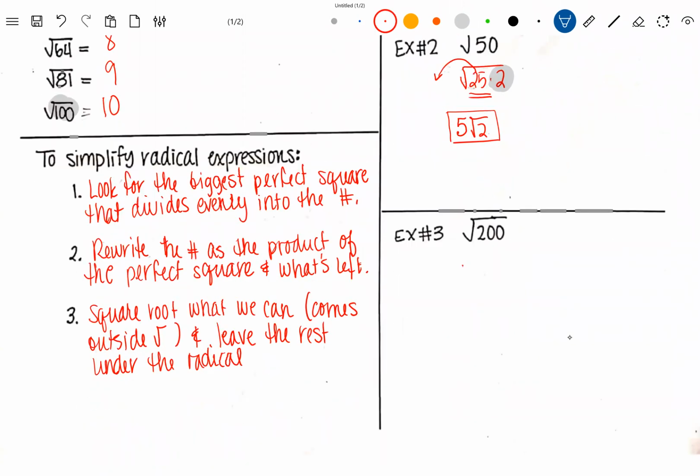So I'm going to rewrite 200 as 100 times 2, because then I can square root 100, which is 10, and that leaves 2 under the radical.